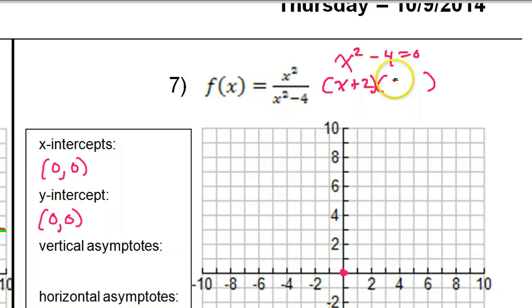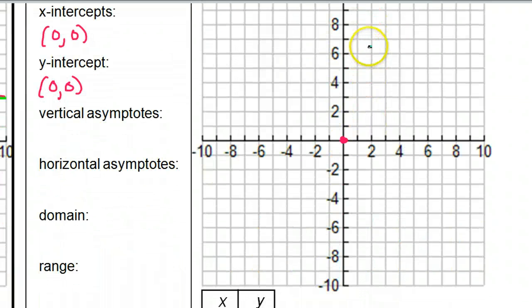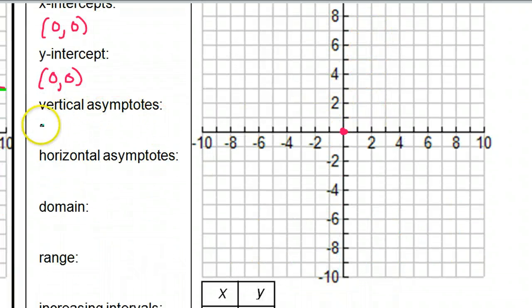So x plus 2 times x minus 2. That's going to give me vertical asymptotes of x equals negative 2 and x equals positive 2. So vertical asymptotes, x equals negative 2, x equals positive 2.